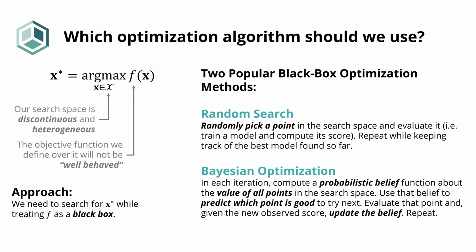It then uses that belief function to make choices about which points in the search space would be the most useful to try, either because they might give us good solutions, or they might improve our confidence about some promising area of the search space. Each time a new score is computed, the belief is updated according to the Bayesian update rule. The process is repeated until we are confident that we are done, or until a time budget is used up.